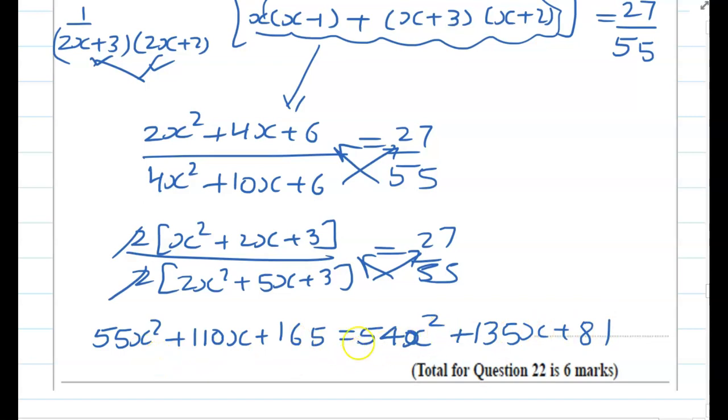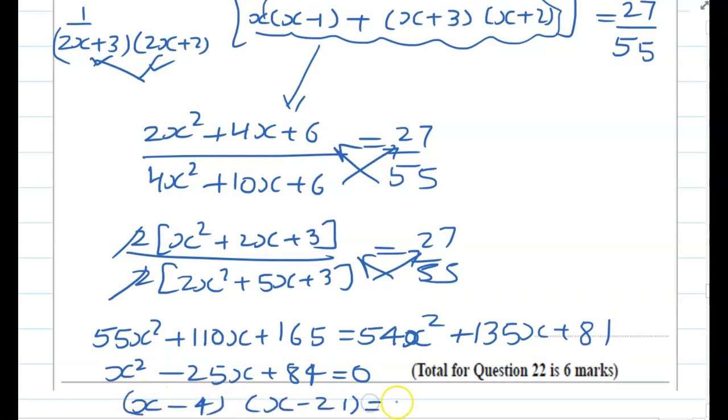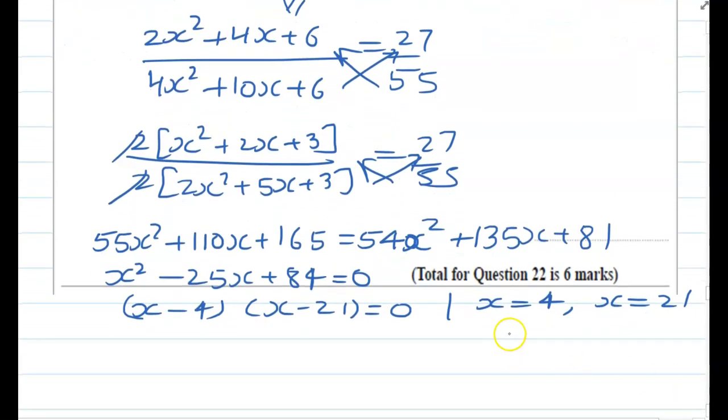If you bring this to one side, it will be x square minus 25x plus 84 equal to 0, and this can be factorized, x minus 4 and x minus 21 equal to 0. So here we got x equal to 4 and x equal to 21. So this will be your answer.